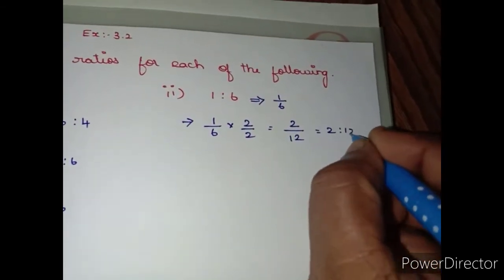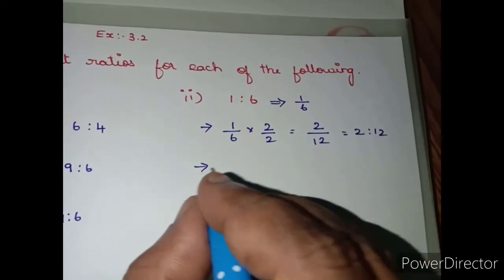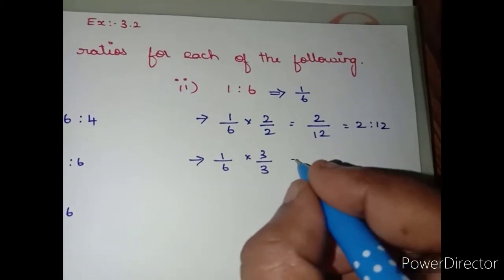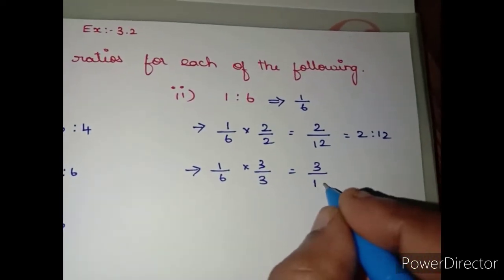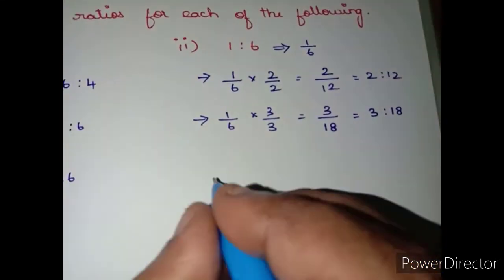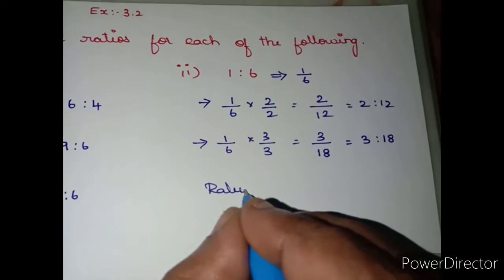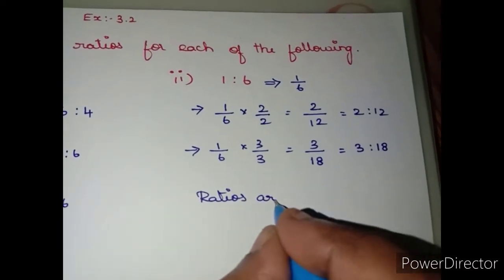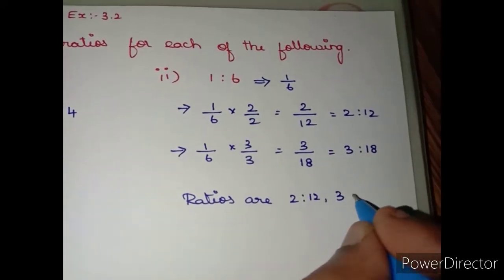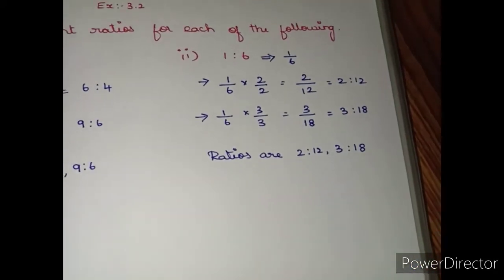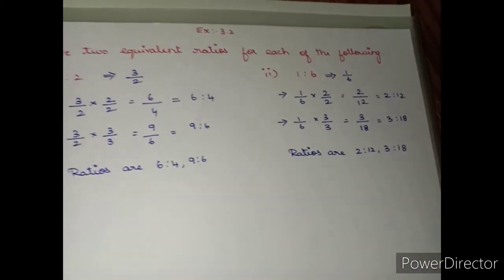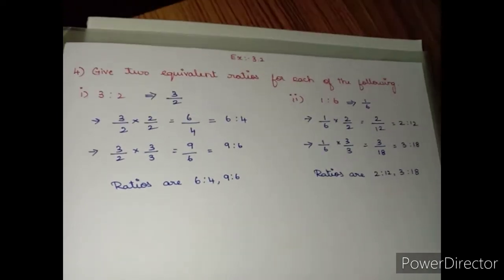Yes, 2 is to 12. 1 by 6 into 3 by 3. 3 ones are 3, 3 6s are 18. 3 is to 18. So the ratios are 2 is to 12, comma, 3 is to 18. So this is how you have to write the answer for this sum. We'll go with the next question.